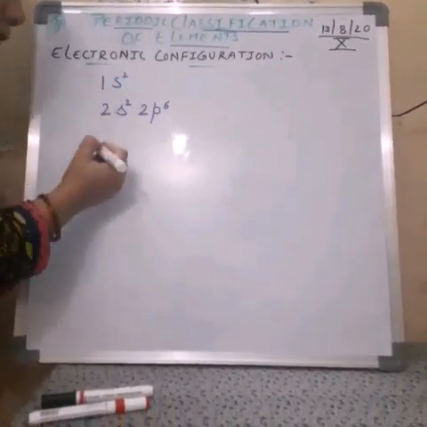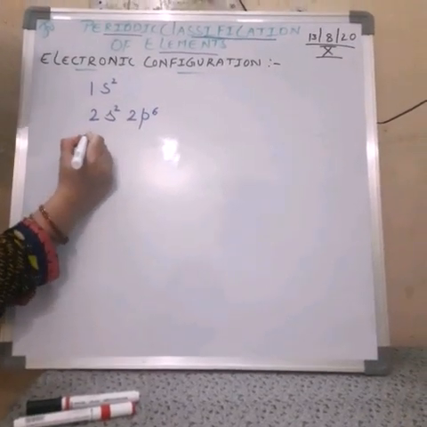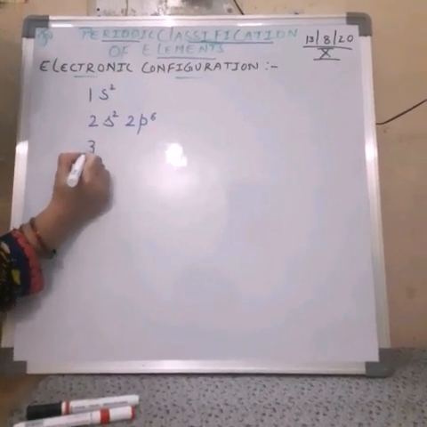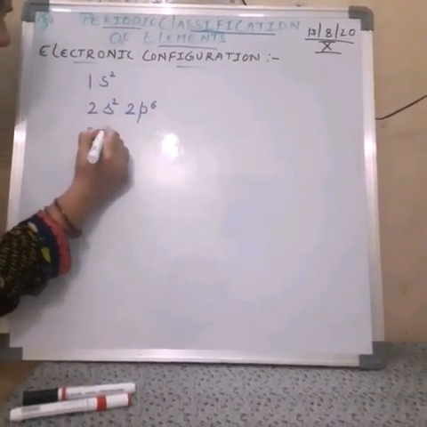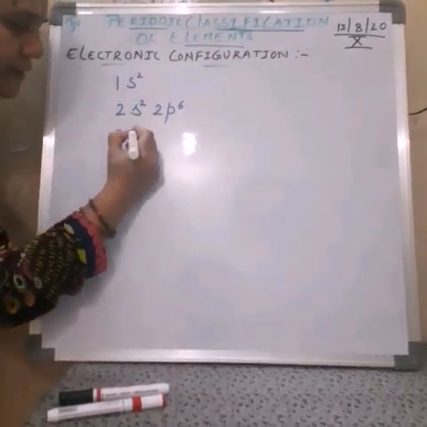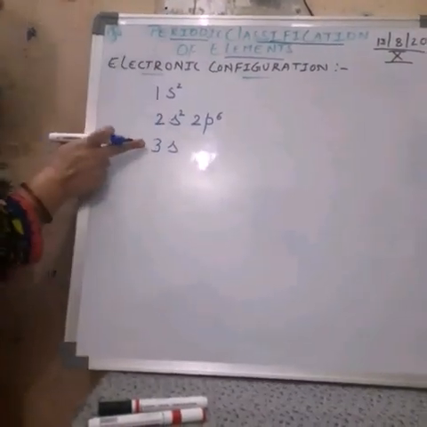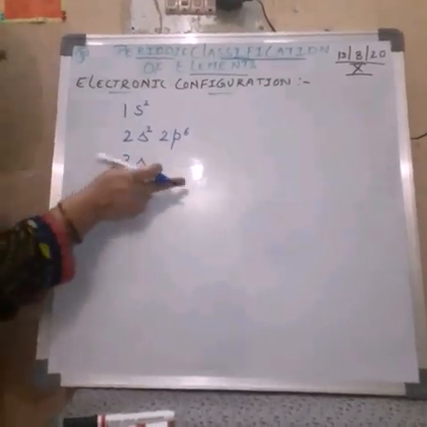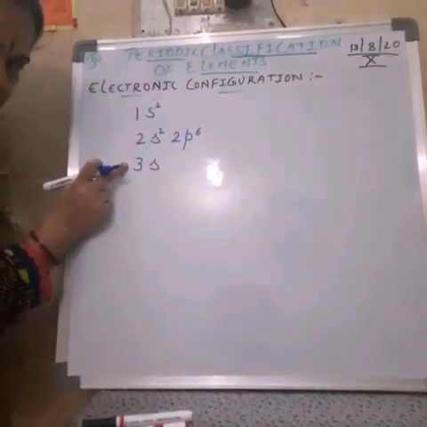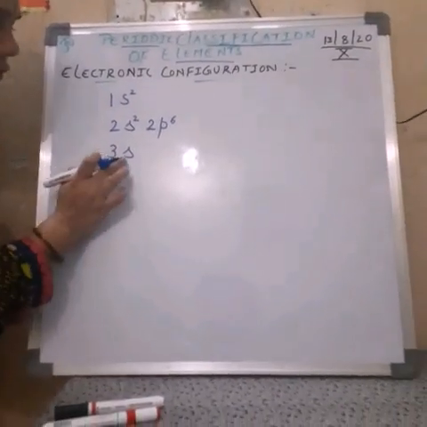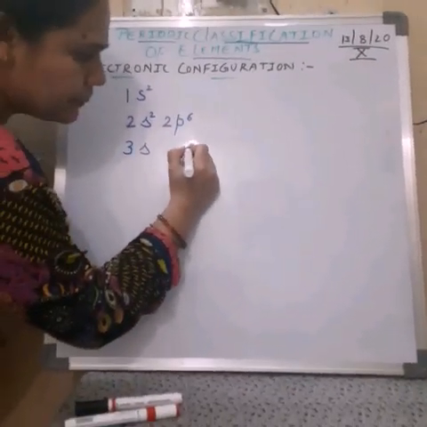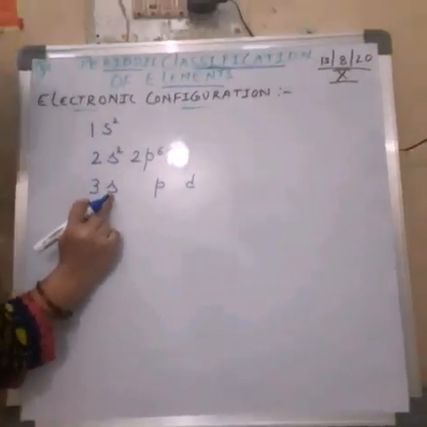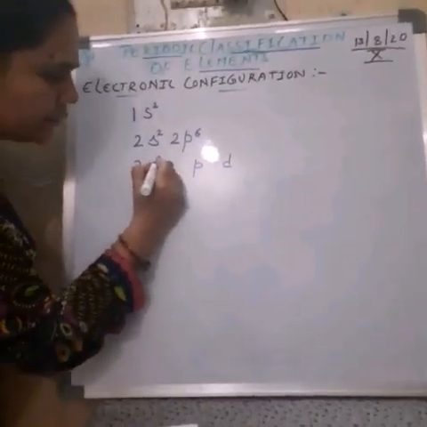Then comes the third shell, M, with the designation 3. The first subshell will be S. As I have told you, the number of the shell indicates the total number of subshells, so this third shell will have 3 subshells: S, P and D. First the electron will enter into S, whose capacity is 2.